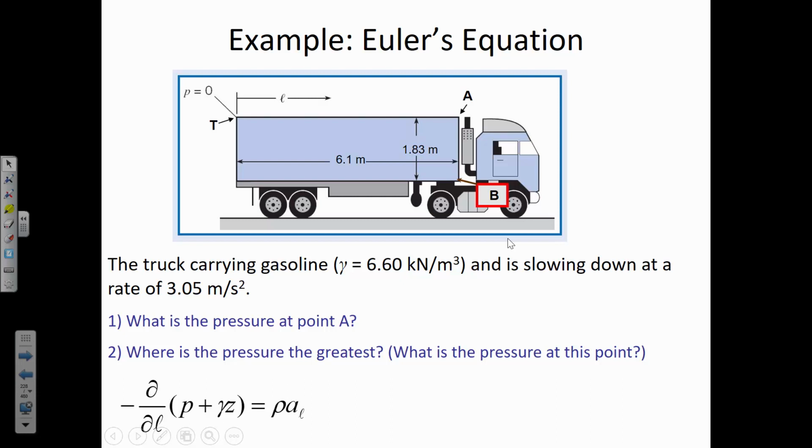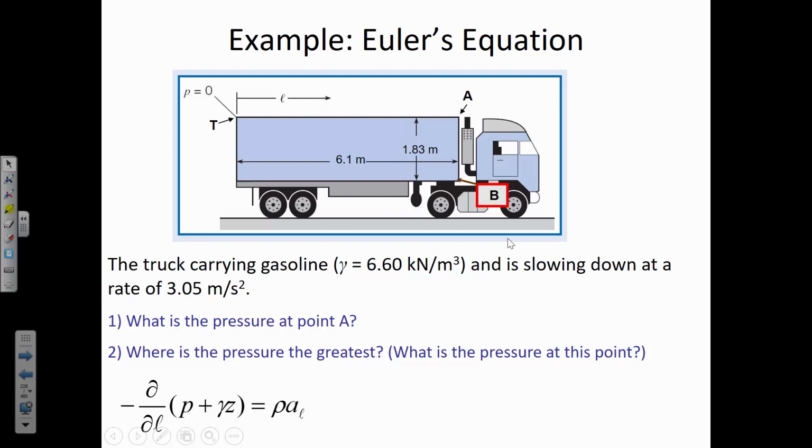So apply the same Euler's equation that we did before, where we're saying it's the pressure plus gamma z at location 2 minus the pressure plus gamma z at location 1 is equal to the negative delta x density acceleration in x.